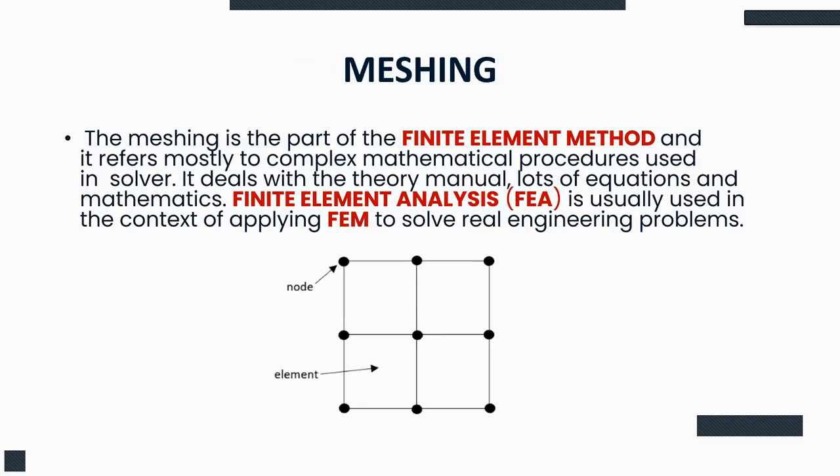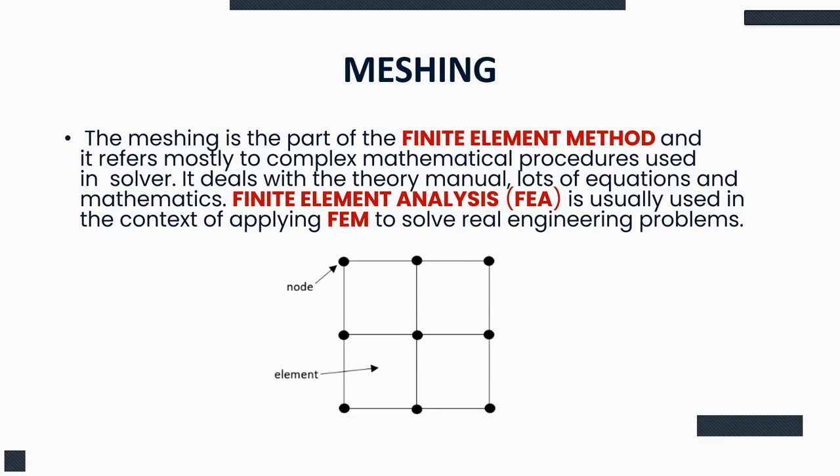Meshing is part of the finite element method and refers mostly to the complex mathematical procedure used in the solver. Here you see that there will be elements and there will be nodes.